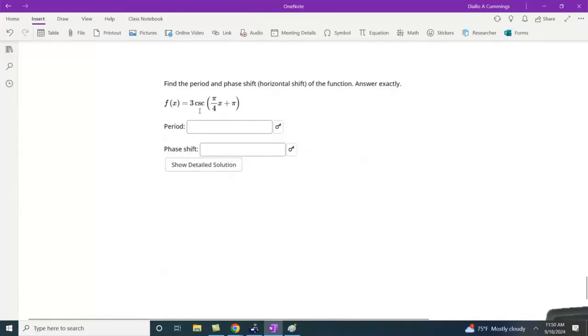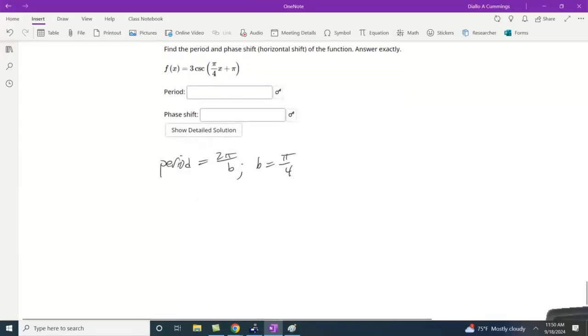Since this is a cosecant function, the period is 2 pi over b. And b is going to be the coefficient of x, which is pi over 4. So I'm going to write this out as 2 pi over 1, all over pi over 4.